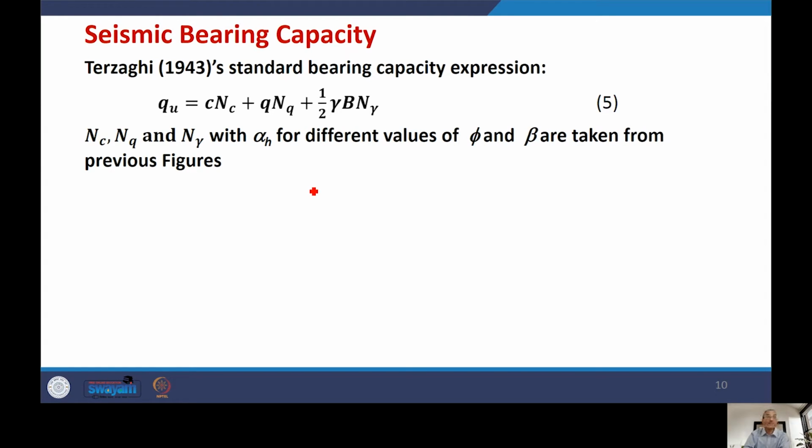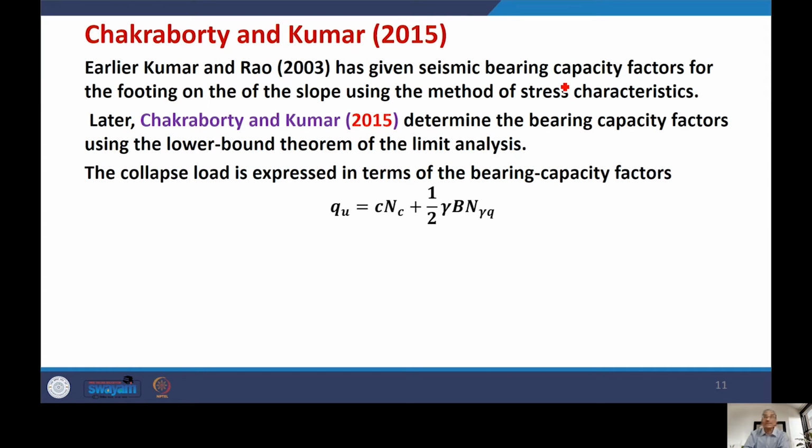Now continue with that. Another work was done by Chakraborty and Kumar in 2015, and this was earlier given seismic factors for footing on slope using the method of stress characteristics. Now this is in 2003. Whatever we have discussed was based on the method of stress characteristics, but Chakraborty and Kumar used the lower bound theorem for limit analysis.